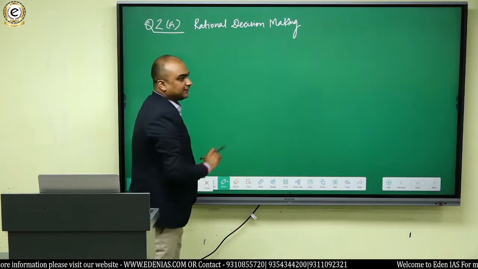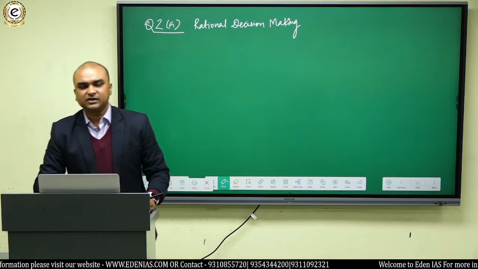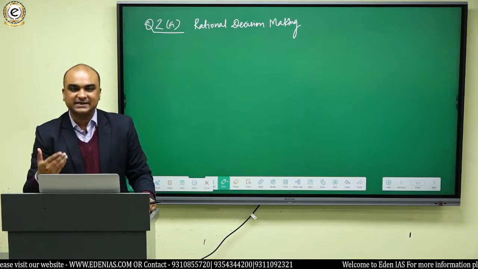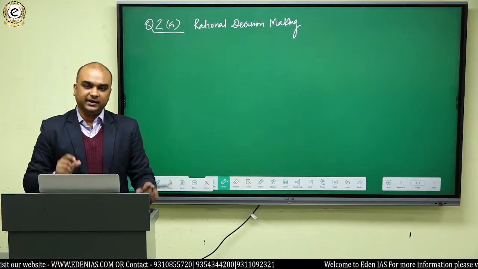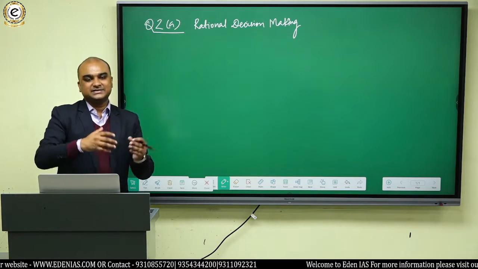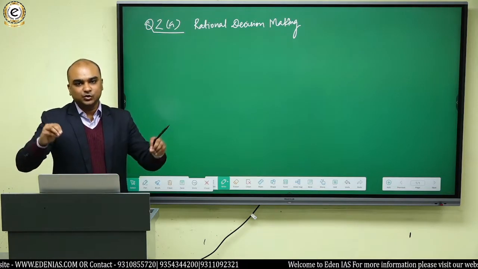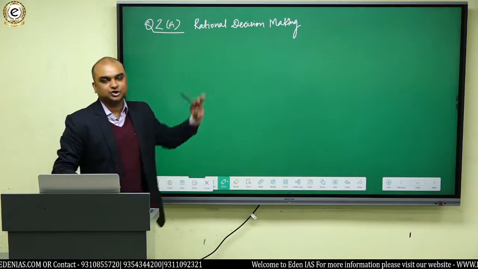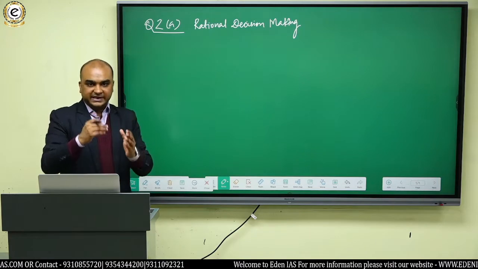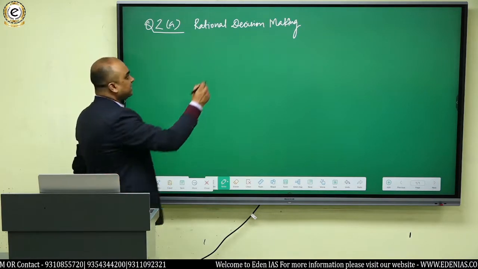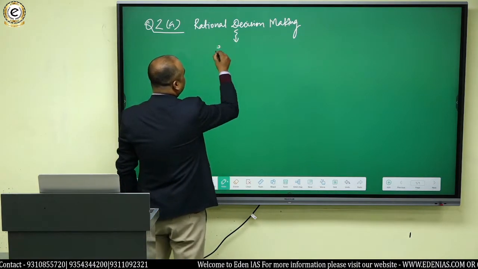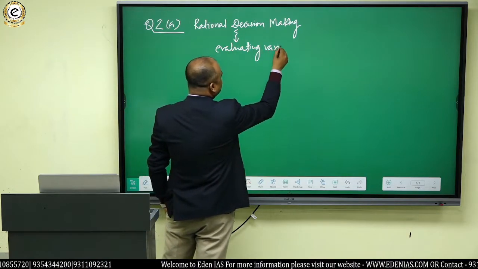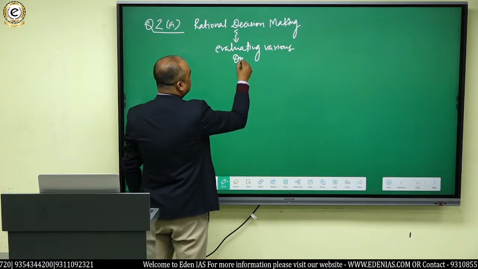Rational decision making. You see, rational decision making is a process. It is a methodology in which decision is taken after evaluating all the options. That is rational decision making. So taking decisions after evaluating various options.